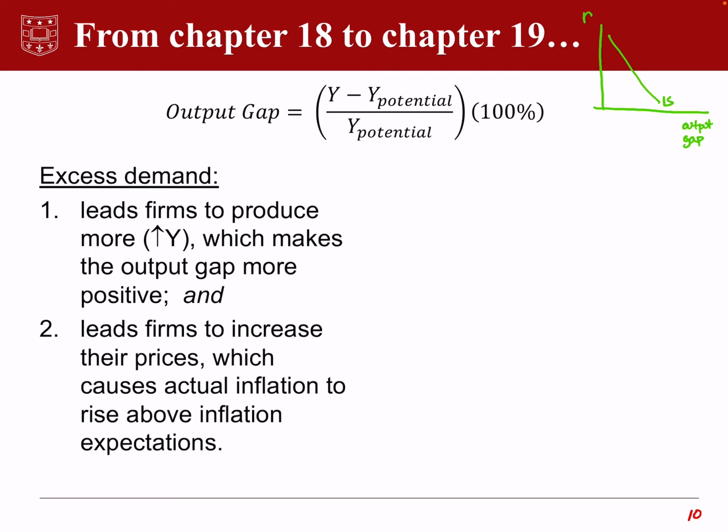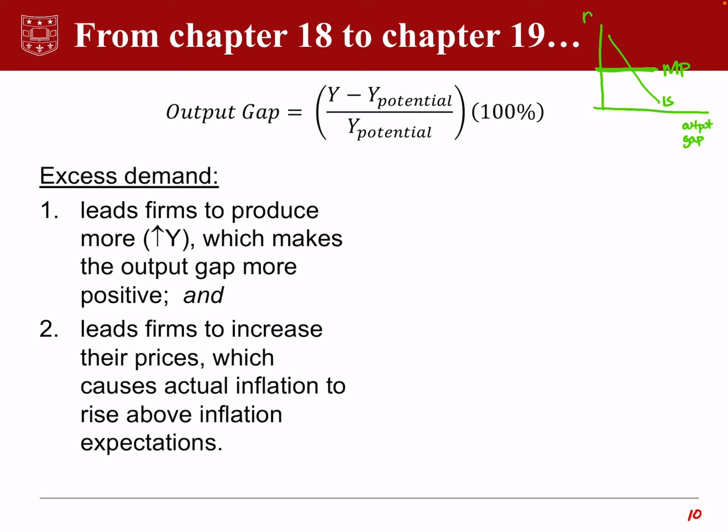We had an IS curve, and we had, hard to see there, an MP curve, and we talked about fluctuations in the size of the output gap, and at that point their implication for the real interest rate. What we're about to do now, sort of slowly through Chapter 19 and then kind of drive the whole thing home in Chapter 20, is to link this to price behavior in the macroeconomy. So our output gap is the difference between actual gross domestic product and potential as a fraction of potential.